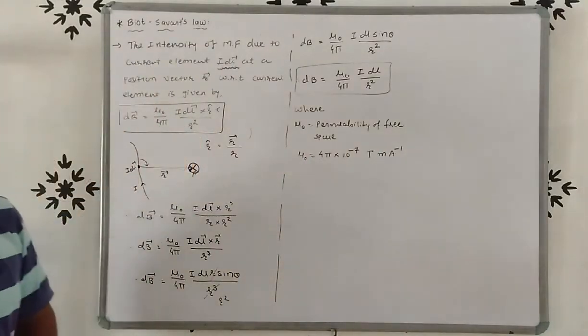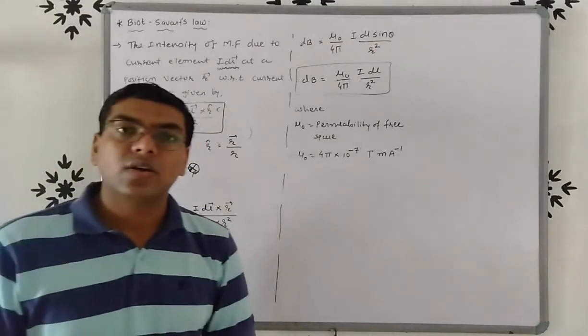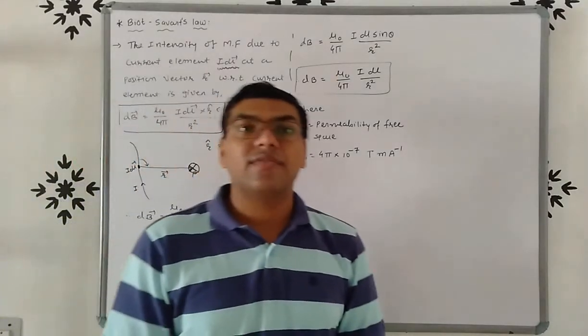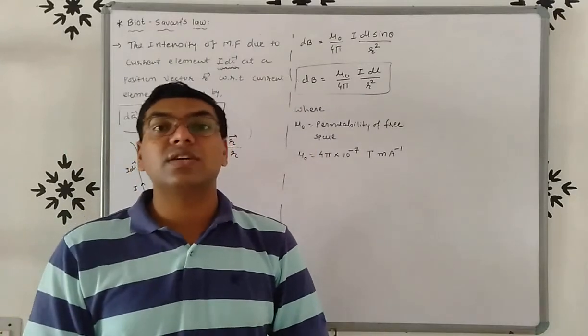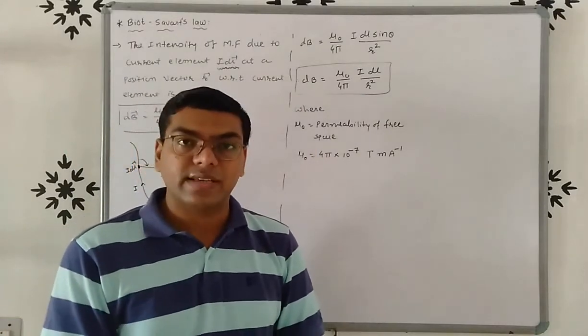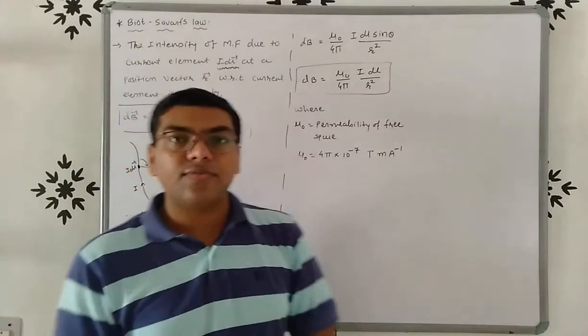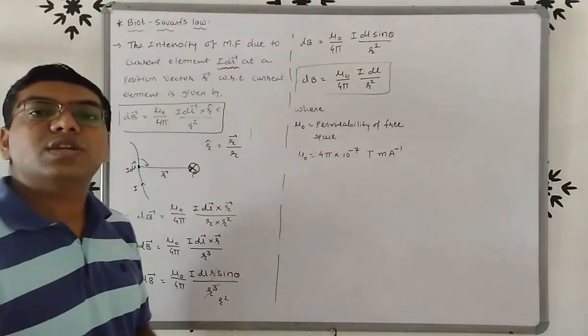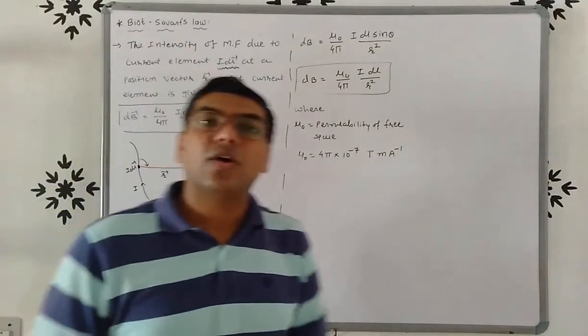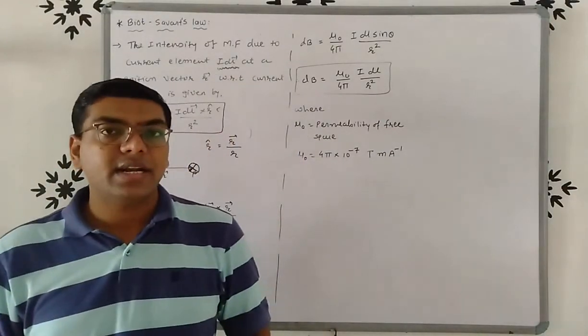Then in electric field, the constant is k and the value of k is 1 by 4 pi epsilon 0, where epsilon 0 is the permittivity of free space. And here in magnetic field there is mu 0, the permeability of free space, right?